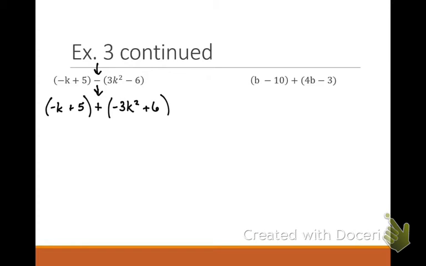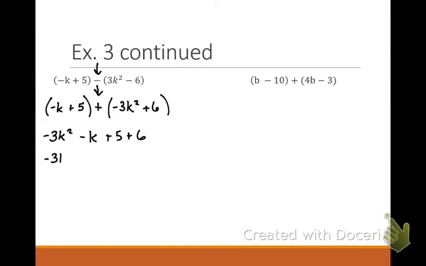Okay, now I can match up and write this in standard form. What is the highest exponent value I see here? What's the highest exponent value, guys? Negative 3k squared. Okay, what's the next exponent value? Minus k. Then my numbers always come last.